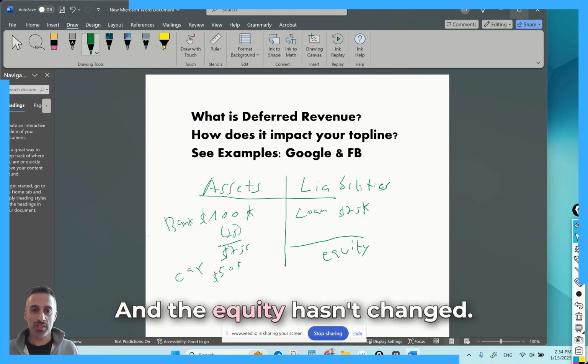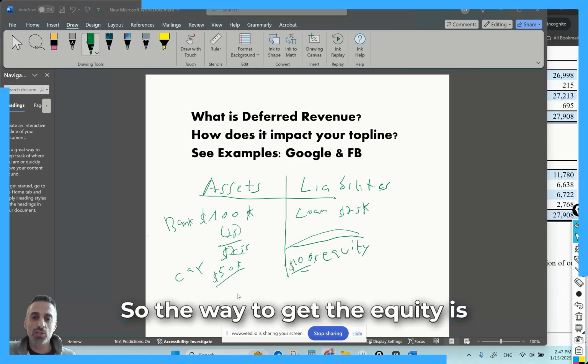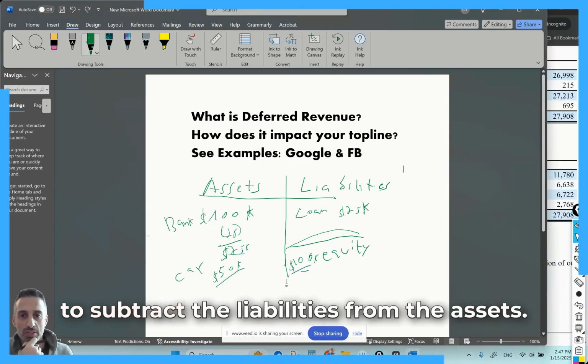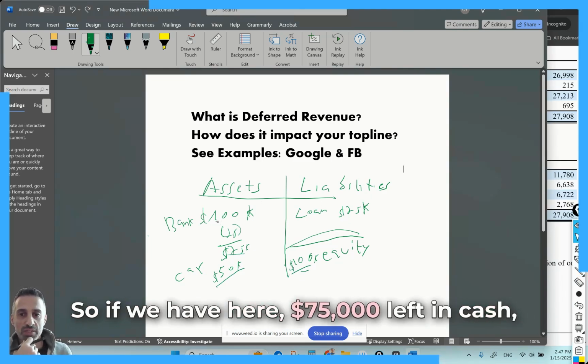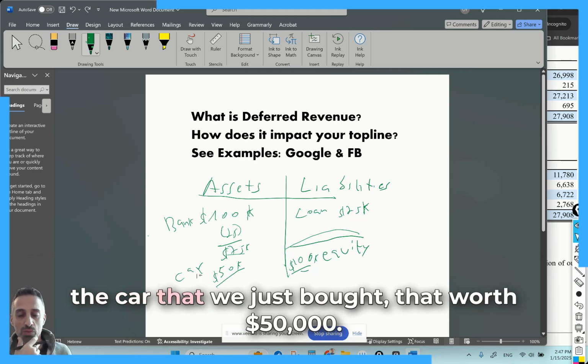And the equity hasn't changed, so it's basically 100,000. So the way to get the equity is to subtract the liabilities from the assets. So if we have here $75,000 left in cash, and then we have a new asset, which is the car that we just bought, that is worth $50,000.